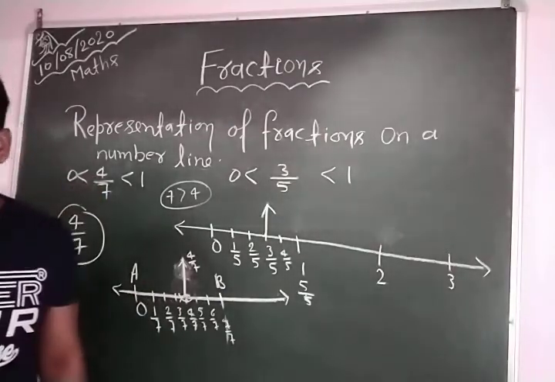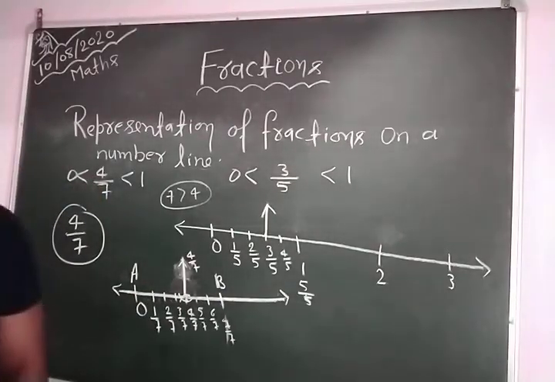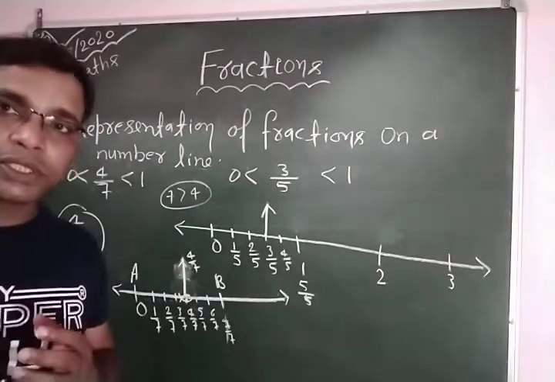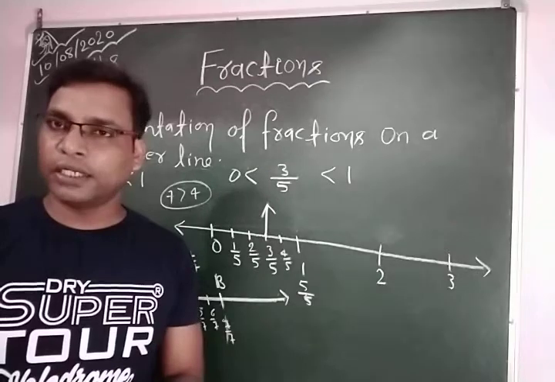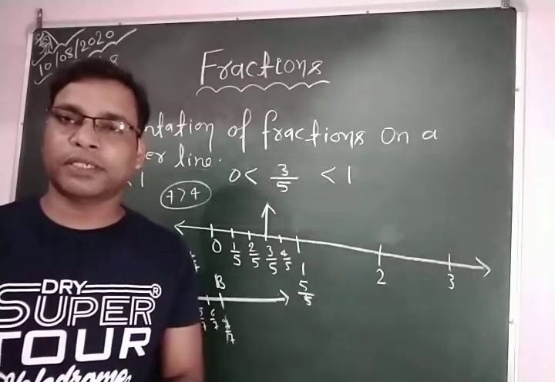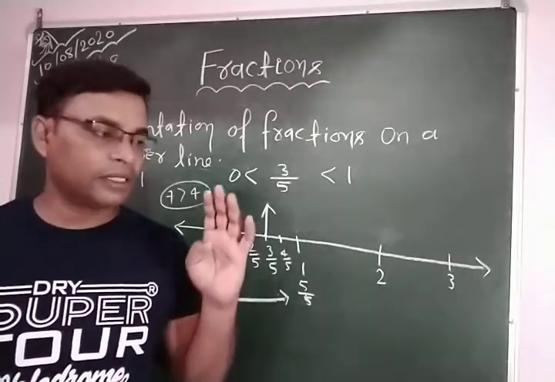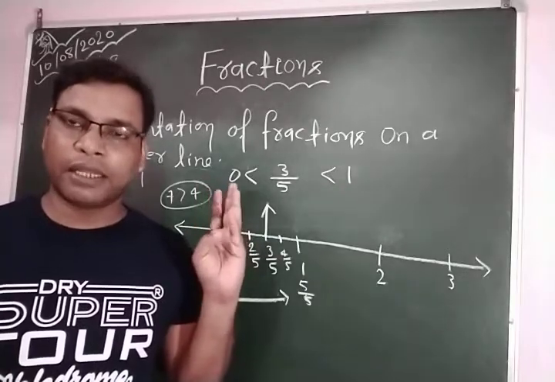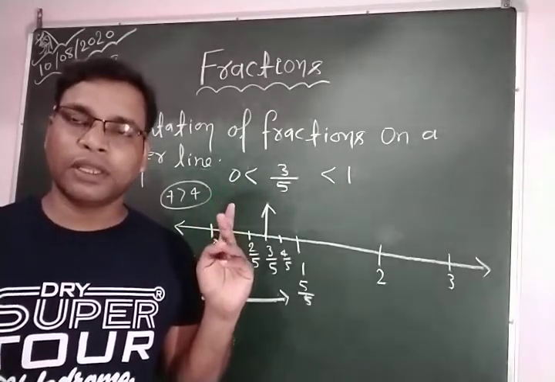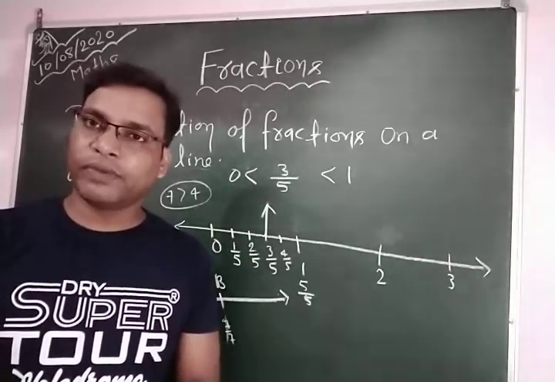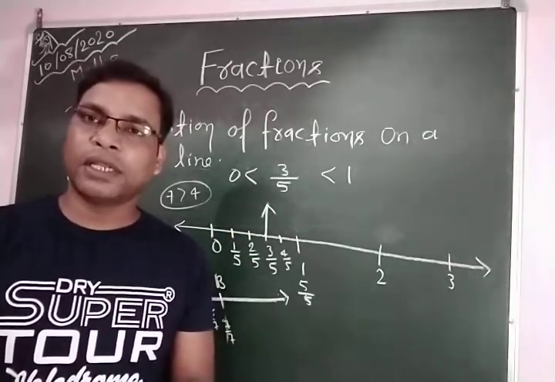Okay, students, now we are going to discuss types of fractions. How many types of fractions are there according to your syllabus? The main fractions have 3 types: proper fraction, improper fraction, and mixed fraction. Okay, so what is a fraction? You know very well. A fraction is a part of a whole.